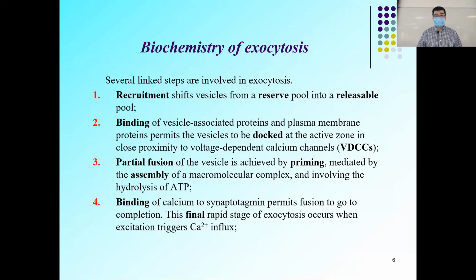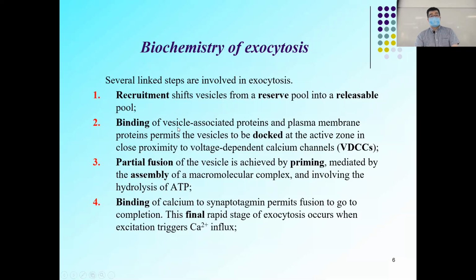Now, several steps are involved in exocytosis. For example, recruitment of the vesicle from a reserve to the releasable pool. All those vesicles are not randomly situated at the terminal. They have different groups. Some are in reserve, some are actually in the active zone, and some will be transported to the active zone and contribute to the signal transduction.